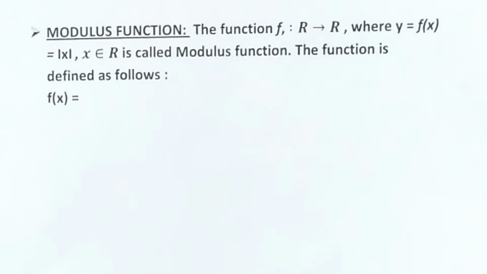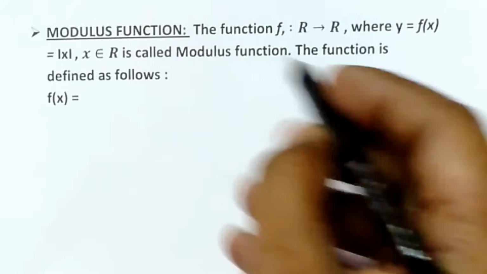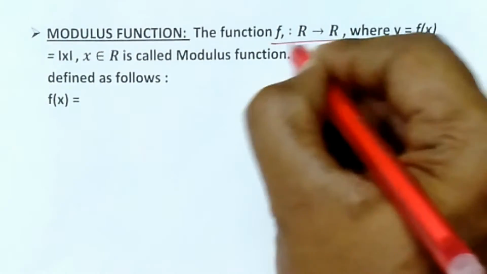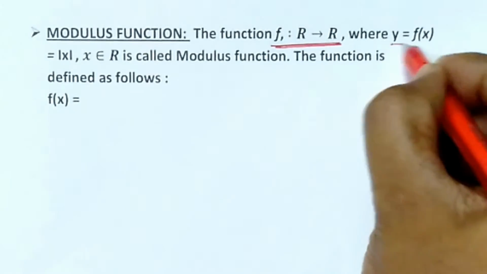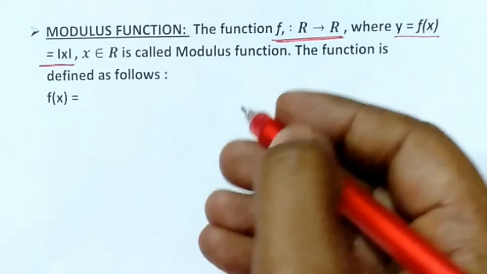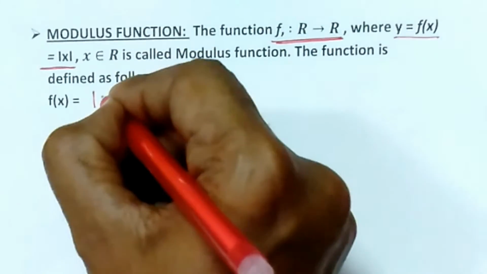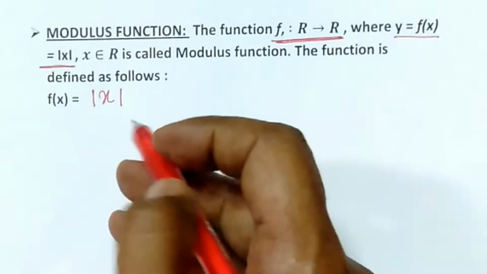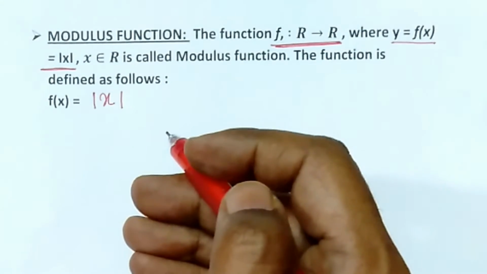Let us discuss the most important function of today's topic, that is the modulus function. The function f maps R to R, where y equals f of x equals mod x. So we write mod x like this, where x is a real number, and it is called the modulus function.